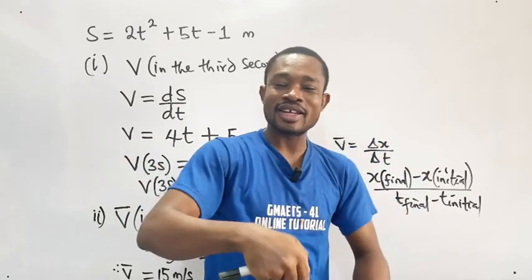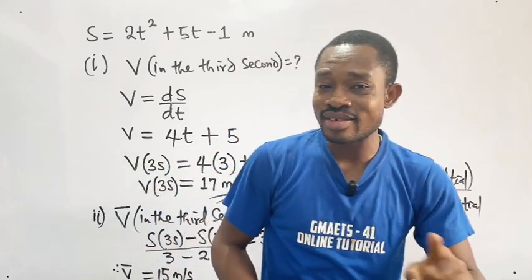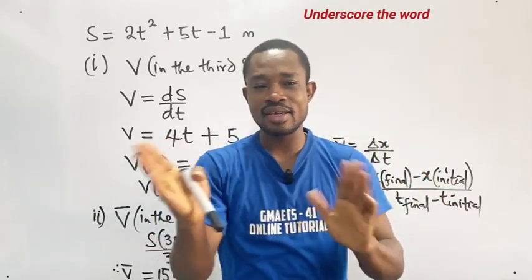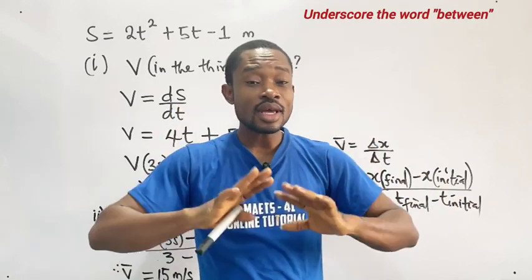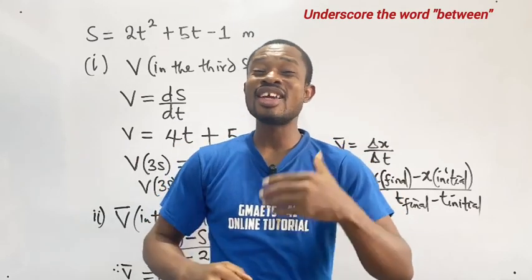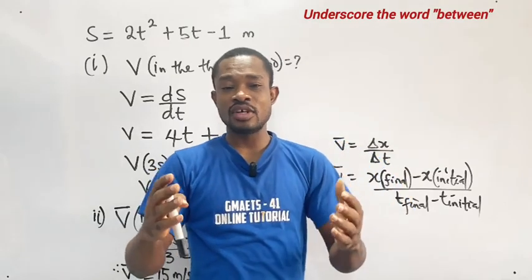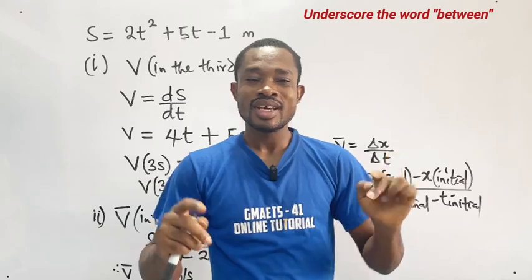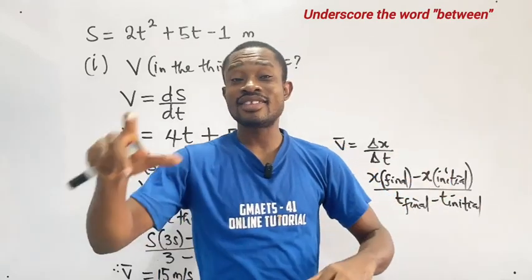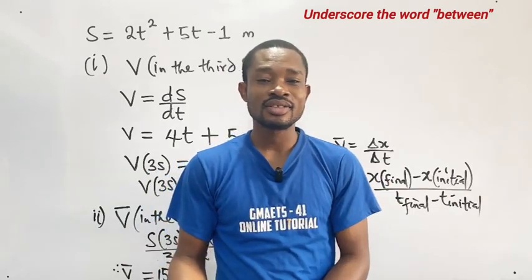In the fourth part, now the last part of the question, you are asked to find the velocity between. The examiner didn't use average. But that last part of the question is actually average velocity, because according to the question, you are solving that velocity between two times, the second and the third second. That's between 2 seconds and 3 seconds.